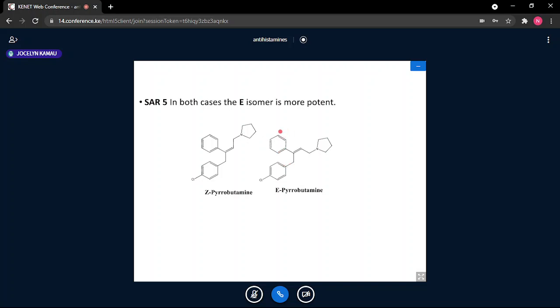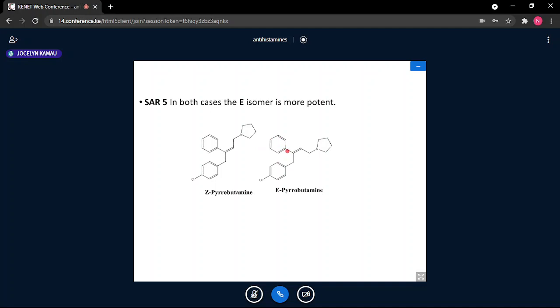So remember I said I would confirm the structure of pyrrobutamine, and indeed pyrrobutamine goes to the compounds, the ethanolamines, whereby we bring back the benzyl group, and pyrrobutamine, unlike the other alkyl derivatives, does not have a pyridine ring.